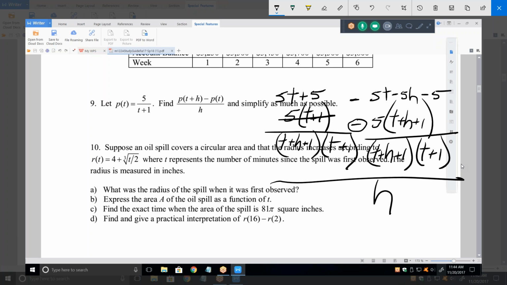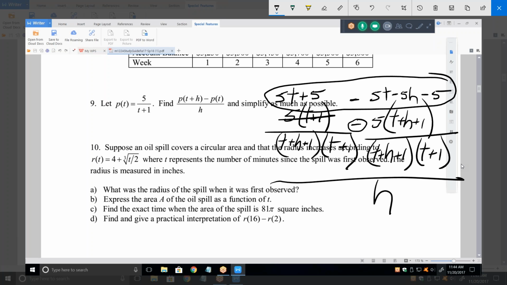Now simplify that. 5 times t plus 1 minus. Hold on, where are you getting the plus 1? Because it's got the 5t plus 5. Correct. You're not factoring.